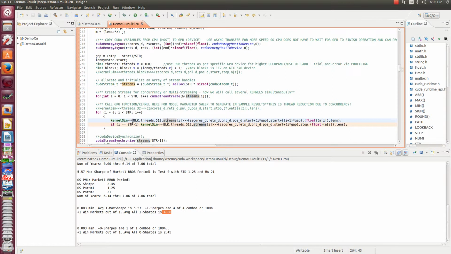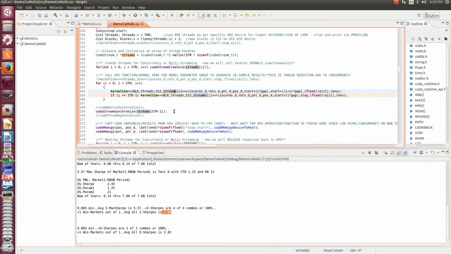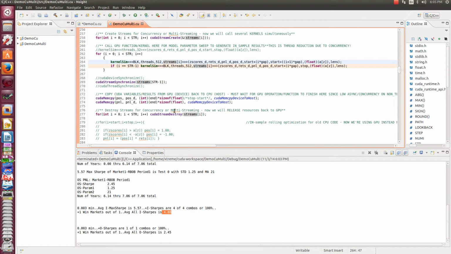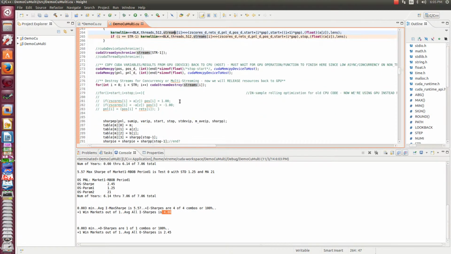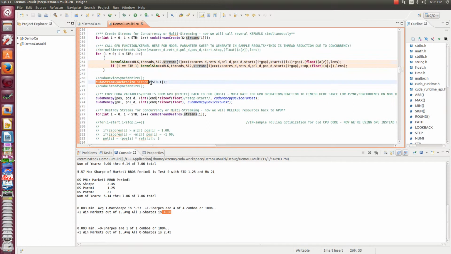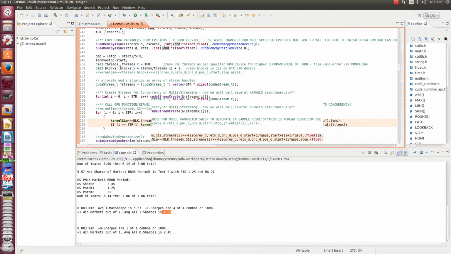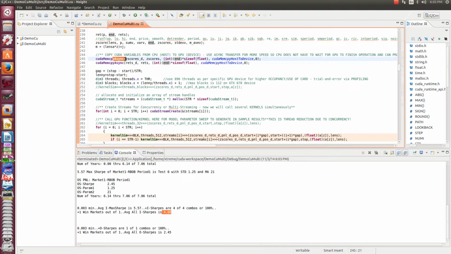We see the triple chevrons here, and here we're just saying how many blocks do you want, how many threads, how much shared memory, and which stream we're in. Again, this is multi-streaming as well. Some data we need to wait for and sync. CUDA stream synchronize here. Some data we can do asynchronously.